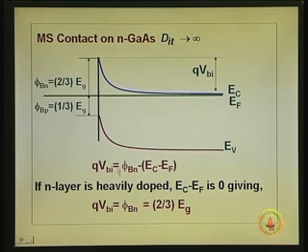Here what I have shown is the consequence of making the n layer n plus. When you make the n layer n plus, what happens to the Fermi level? The Fermi level moves closer to the conduction band, but that is locked down to E naught, the neutral level, that is 2/3 of Eg. So, the consequence of doping it heavily is that this quantity becomes closer and closer to phi b n.